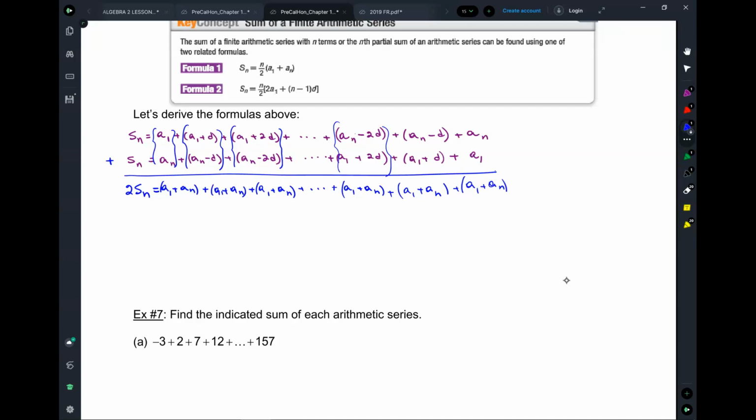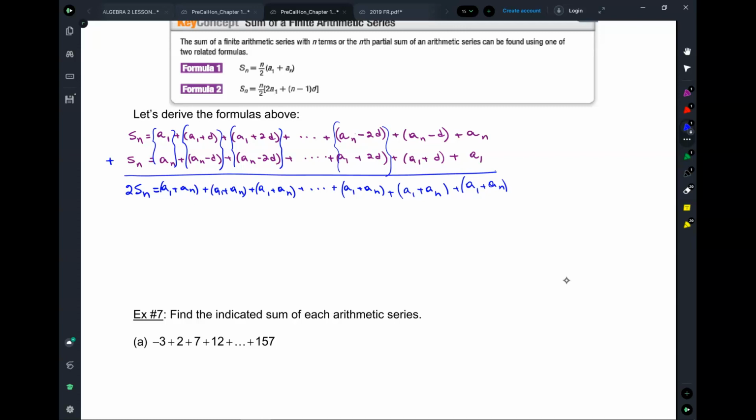How many of those terms do I have? However many you are adding, right? So if this is S sub n, suppose it was S sub 100, you would be adding the first 100 terms. If it was S sub 250, you would be adding the first 250 terms. So if it was S sub 100, how many terms like this would you have? 100.